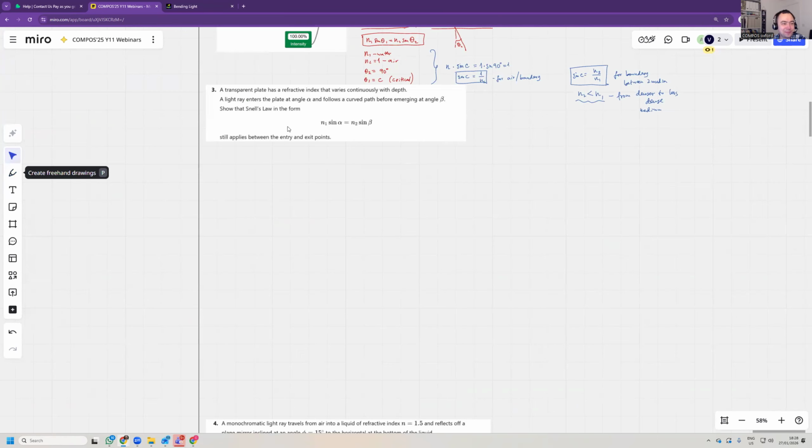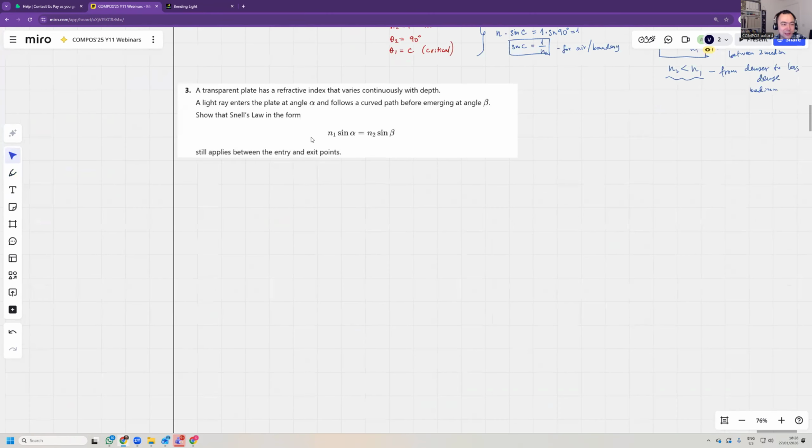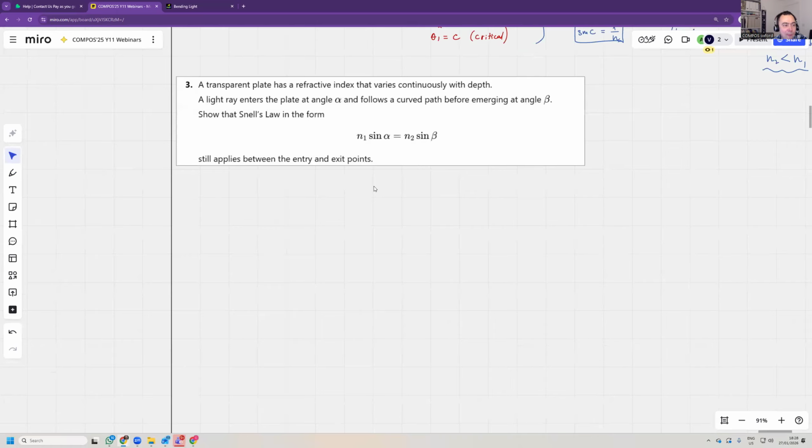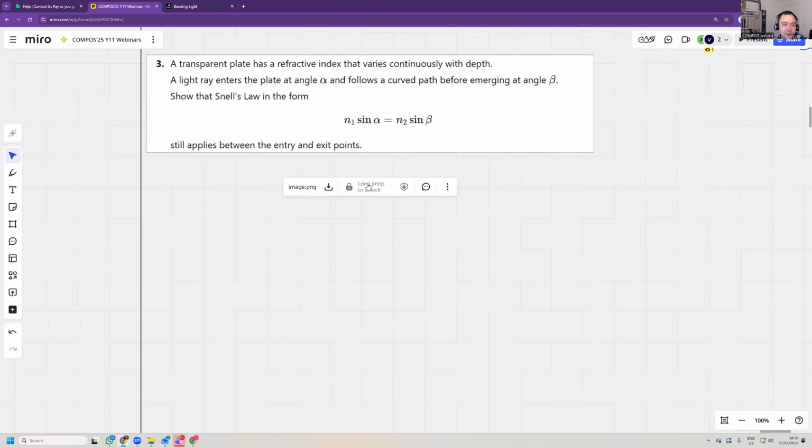A transparent plate has a refractive index that varies continuously with depth. A light ray enters the plate at an angle but follows a curved path. So why would it follow a curved path? Well, because the refractive index changes and it changes continuously.